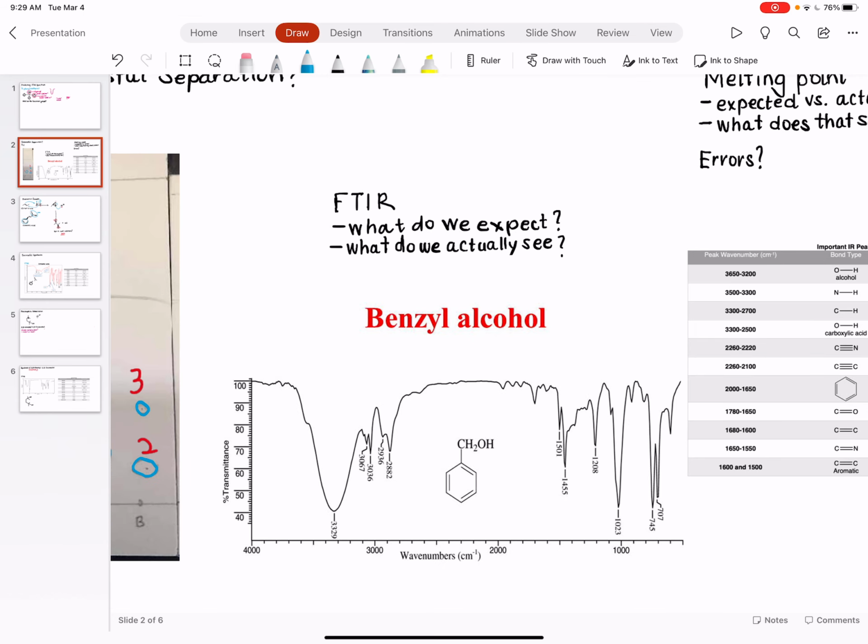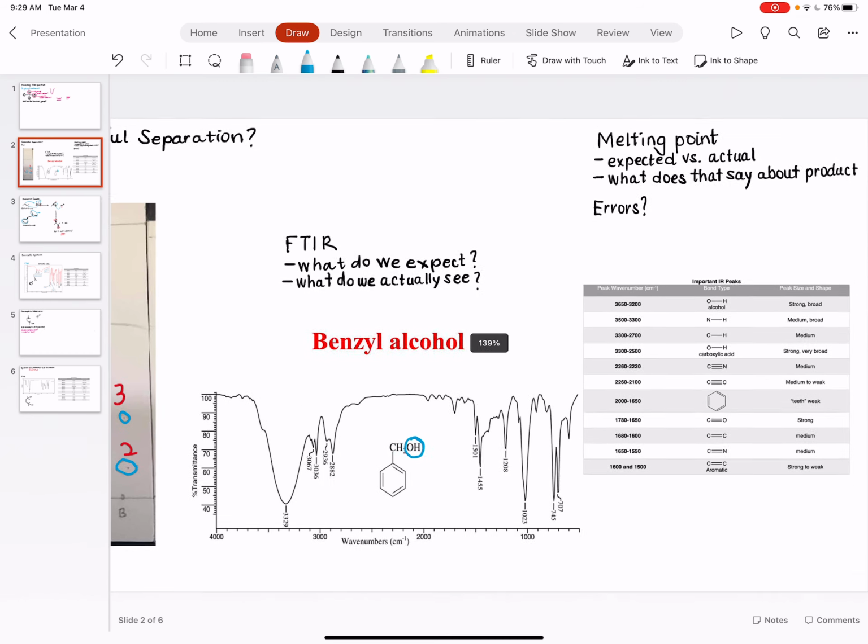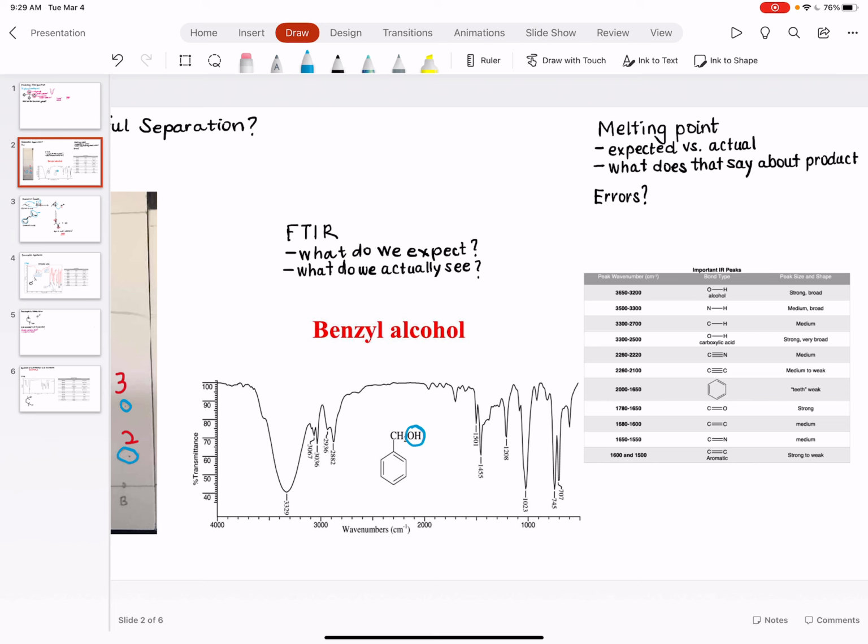And the first functional group I notice here is our alcohol group, which, moving over to the important IR peaks, I can see in the top row here with a stretch from 3650 to 3200 and a strong, broad peak. So looking back at my spectrum, I can identify it right here. So that is our alcohol group.